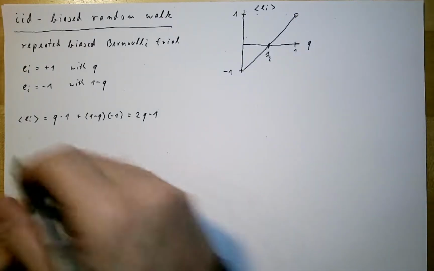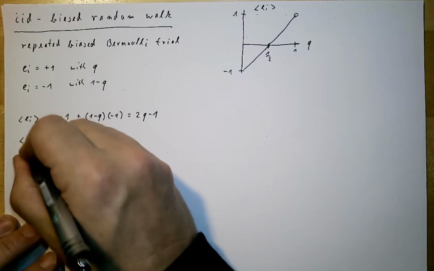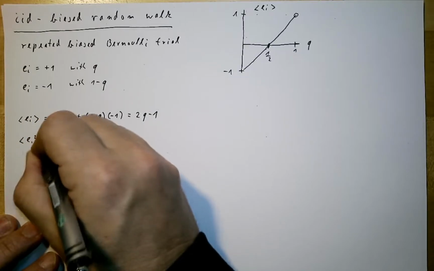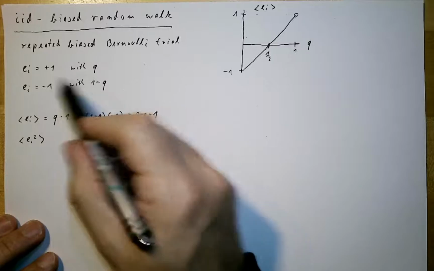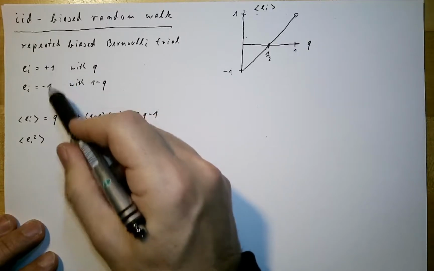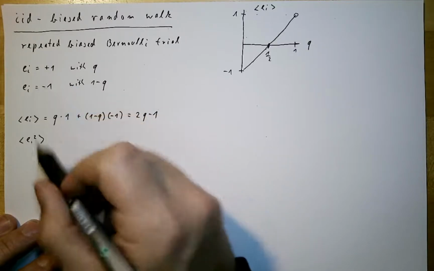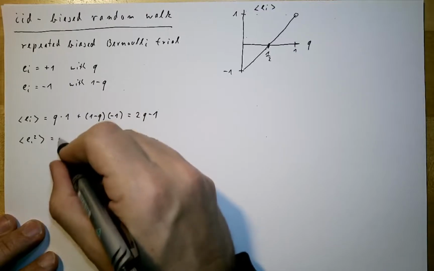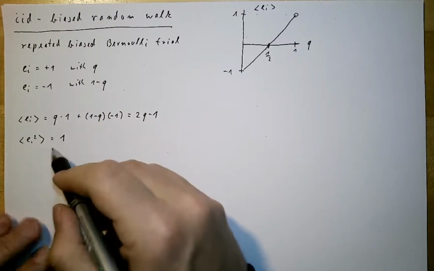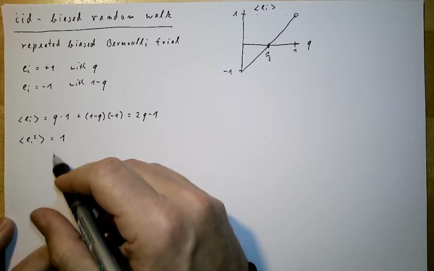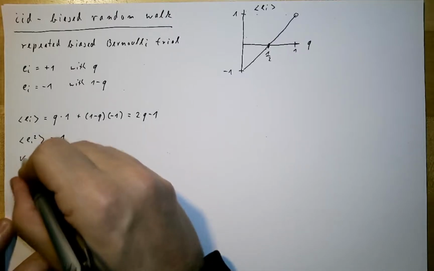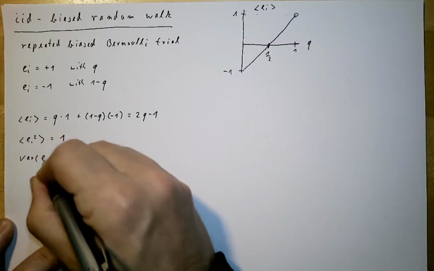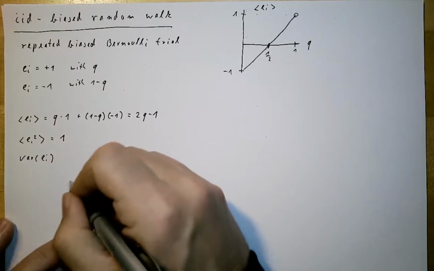So what is the expectation of e squared, the second moment? Since we now take the square, the negative sign goes away. So the second moment is just 1. What about the variance of our increments?